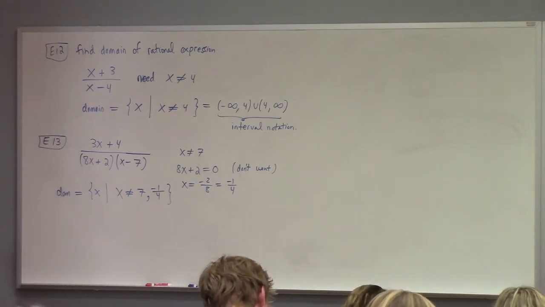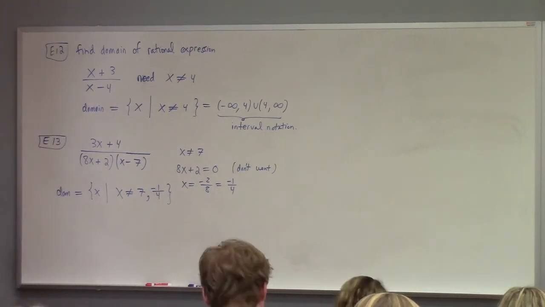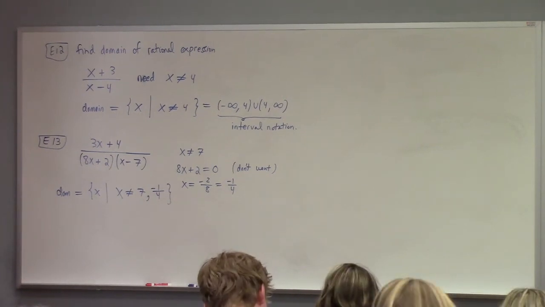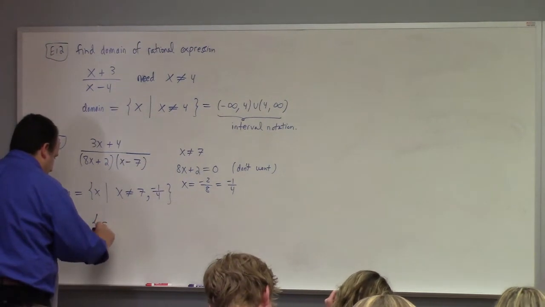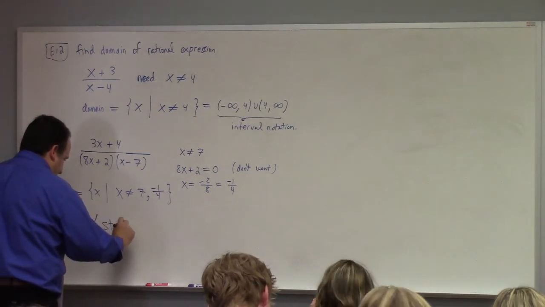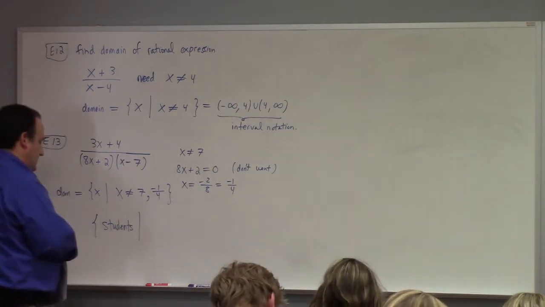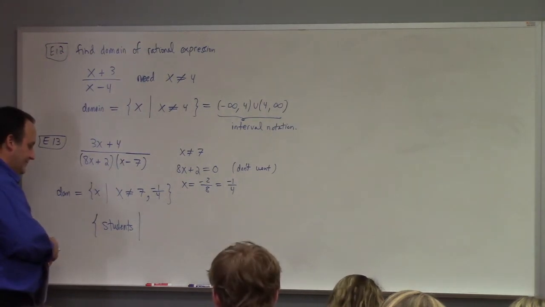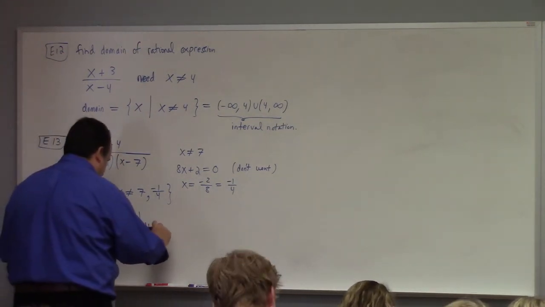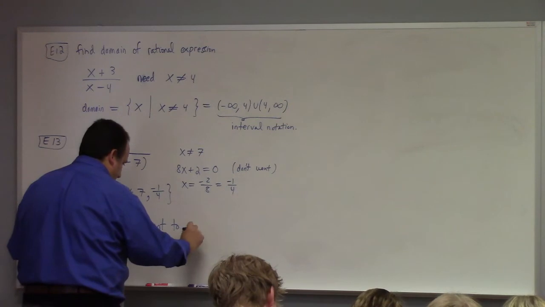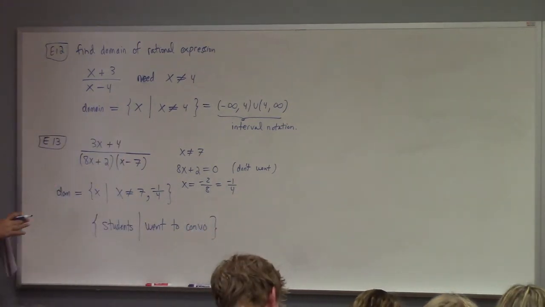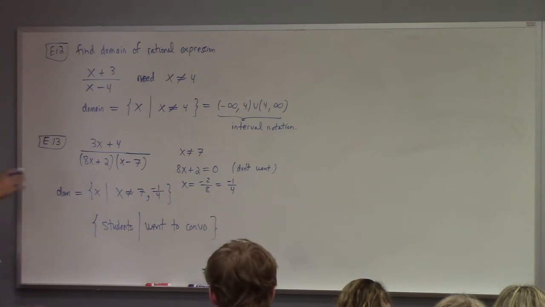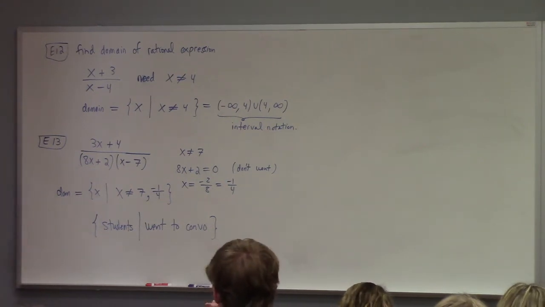Why do you have a line in it? Ah, yes. So here we could do students such that went to Convo. So this would be the set of students that went to convocation, right?